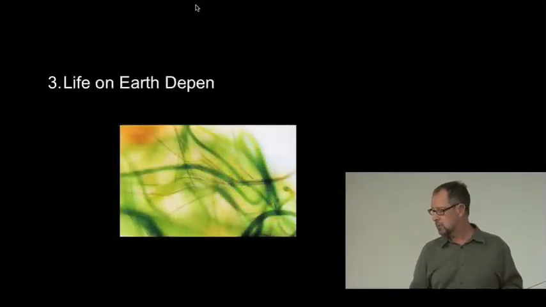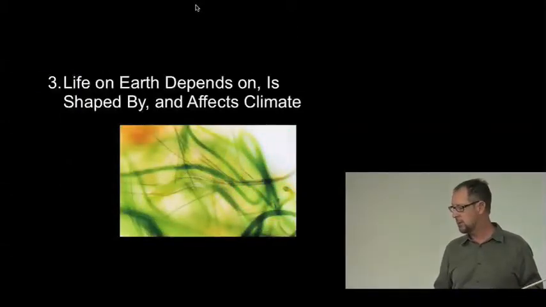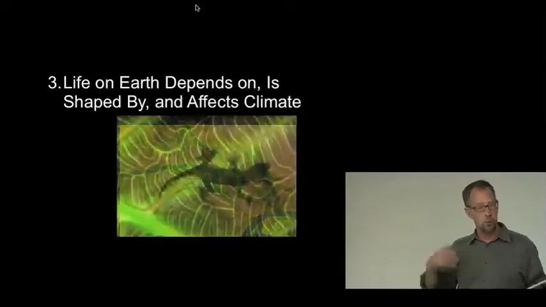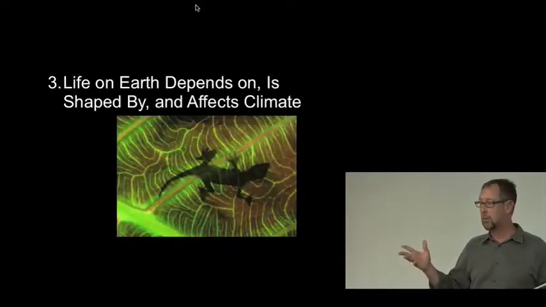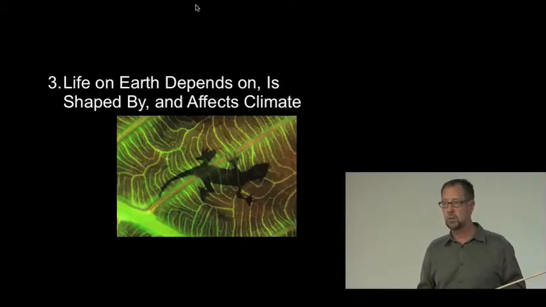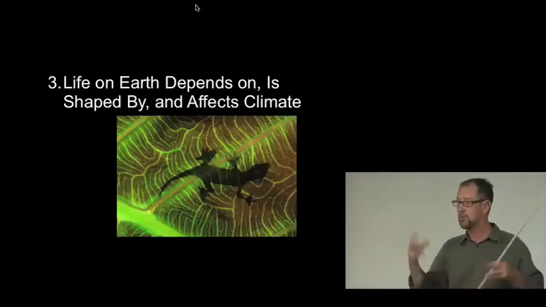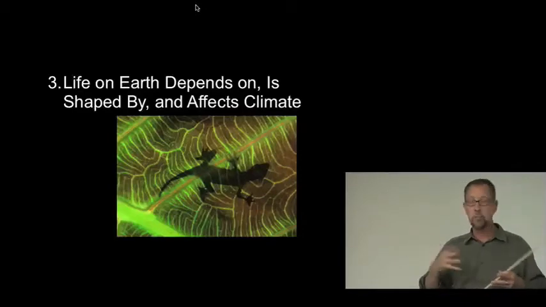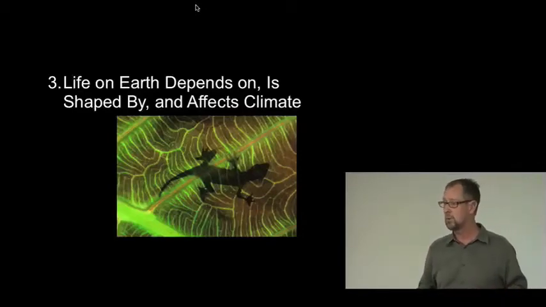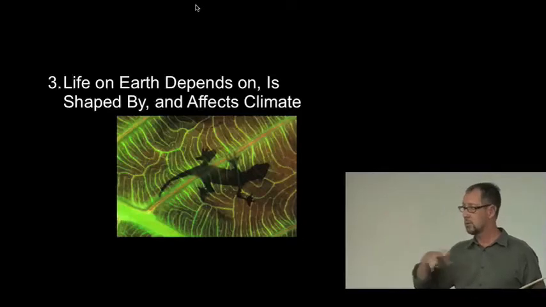The third essential principle is that life on Earth depends on, is shaped by, and affects climate. Microbes have been impacting climate for literally billions of years. Plants, as they pull carbon dioxide out of the atmosphere, are having an impact on the amount of CO2 in the atmosphere on a seasonal level.